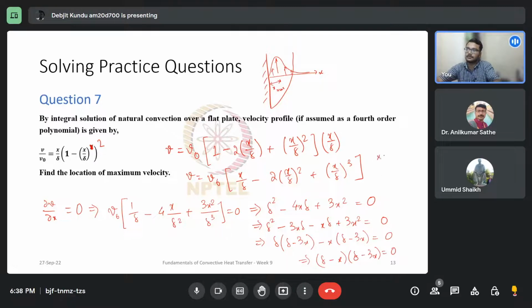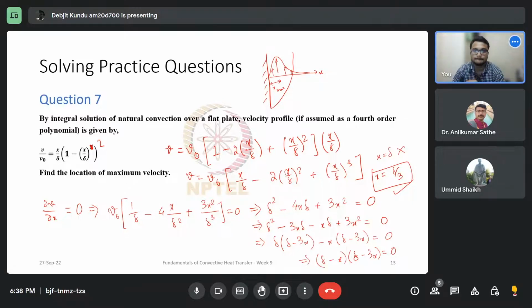Now x equal to delta cannot be the correct answer, because that's where we are assuming the velocity again becomes zero. So the other answer must be the correct one. So from here we get x equal to delta over 3. This is the location of the maximum velocity.